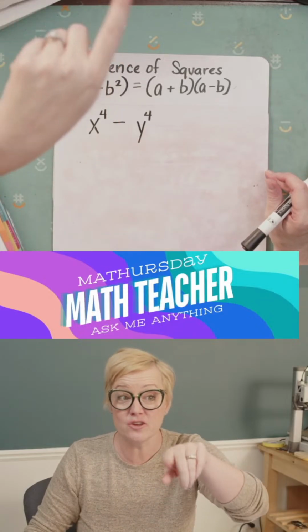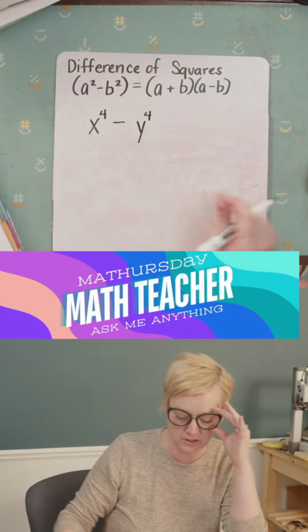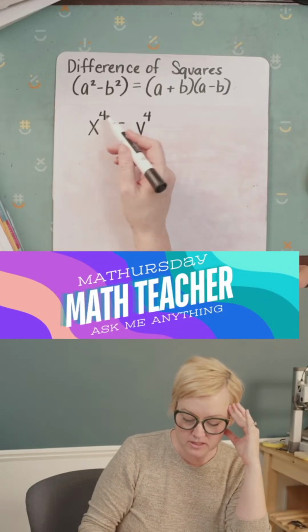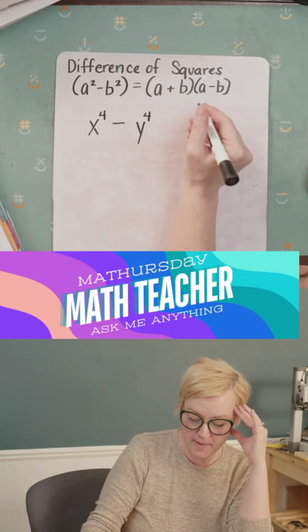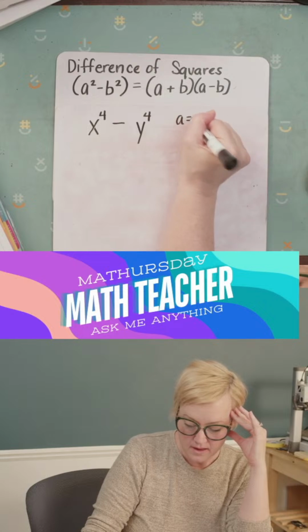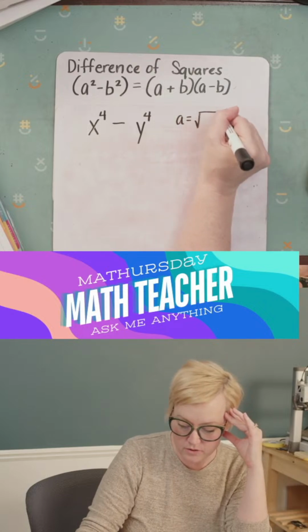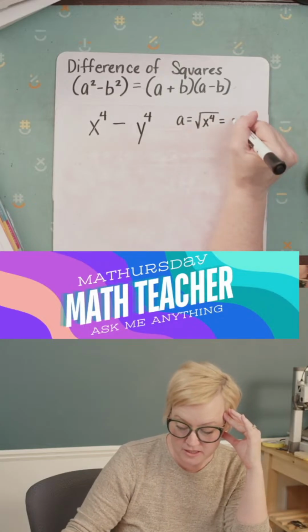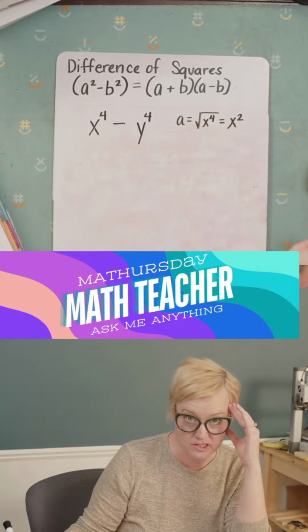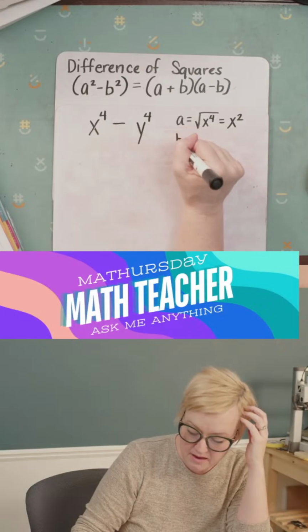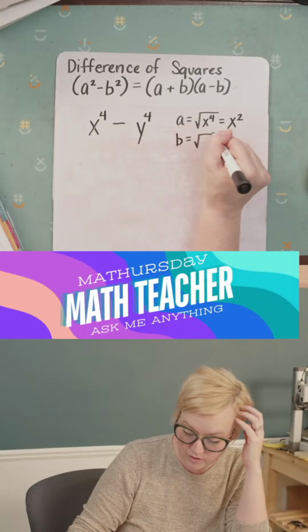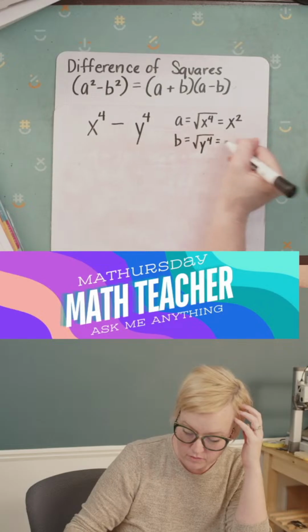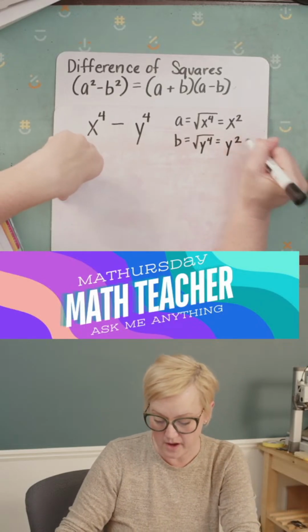You can definitely use substitution with the U value, absolutely. But so X to the 4th and Y to the 4th. To figure out my A value, A is going to be the square root of X to the 4th, which is X squared. My B value is going to be the square root of Y to the 4th, which is Y squared.